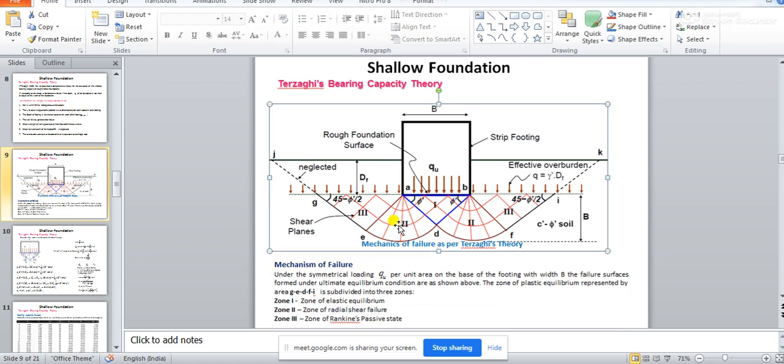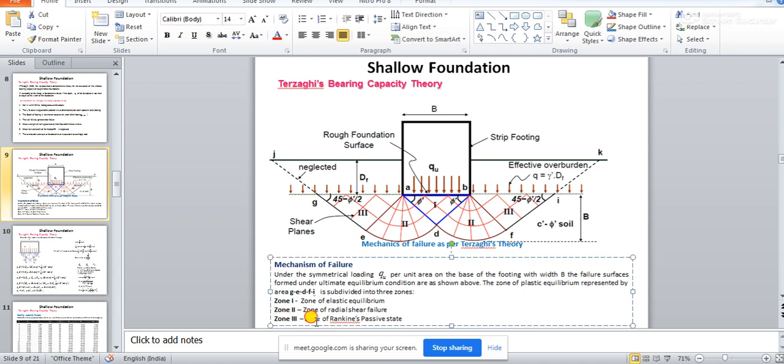And just beside this zone 2 there will be another two properly demarcated zones, and these zones will be called the zone of Rankine passive state.